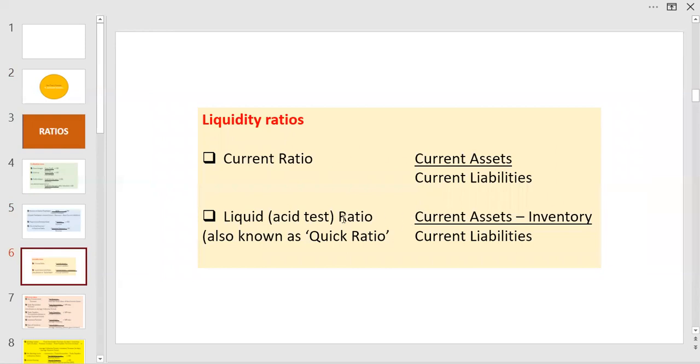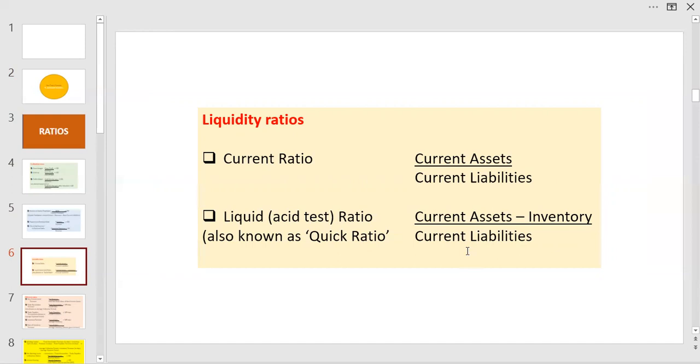Next, liquidity ratio or acid test ratio or quick ratio, where inventory will be removed from current assets as it being the least liquid asset and comparing them with current liabilities.